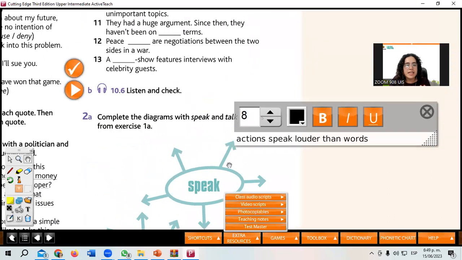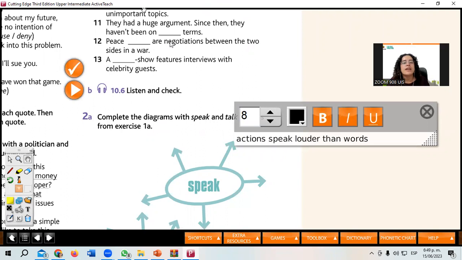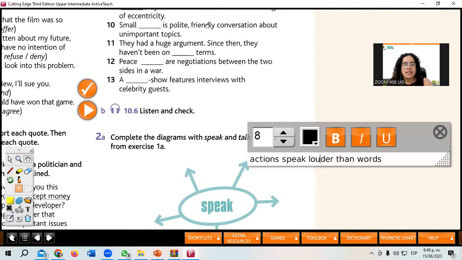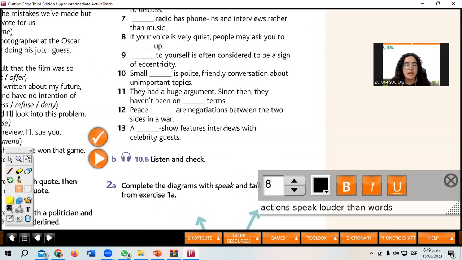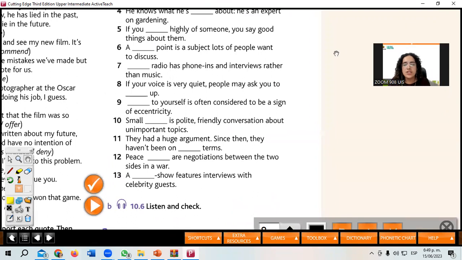In these particular cases, they are predetermined phrases. Estas son frases ya usadas en el inglés. Por ejemplo, esta actions speak louder than words. No vamos a decir actions talk louder than words, okay? They are just phrases that are predetermined in the language, okay? But in some cases, we can use speak or talk. It doesn't matter, okay?